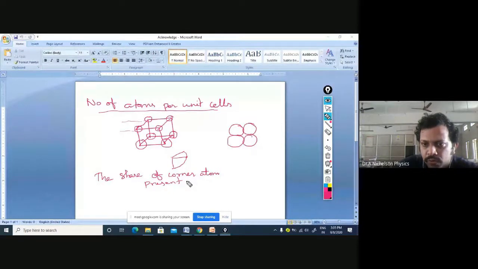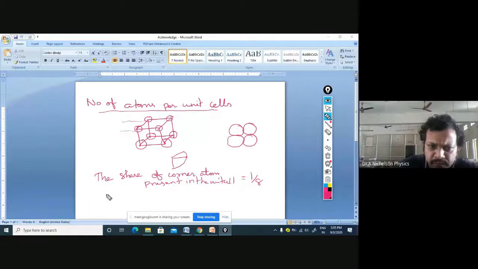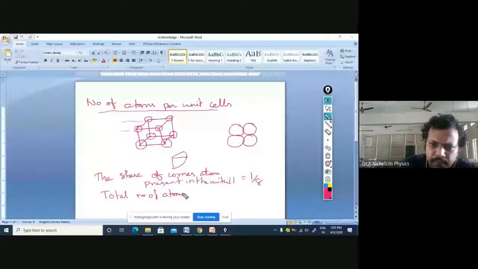So that is equal to 1 by 8. So it shares just 1 by 8 of the atom to this unit cell. Now you have to write the total number of atoms present in the unit cell. So that is equal to 1 by 8.